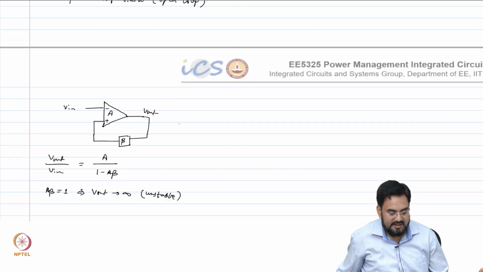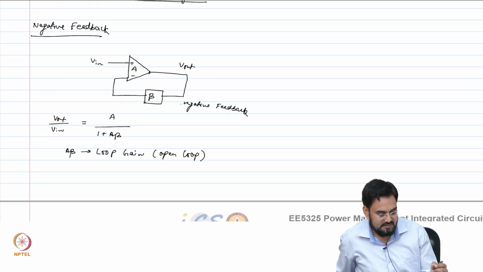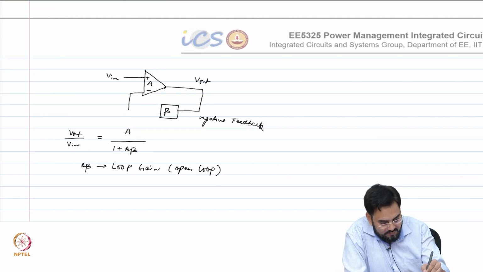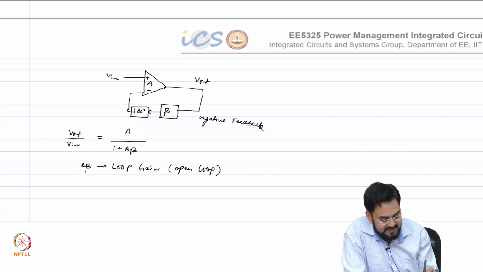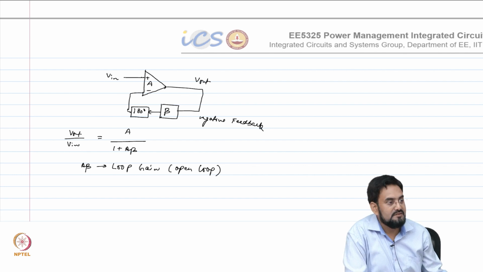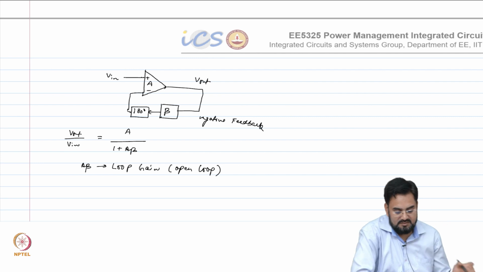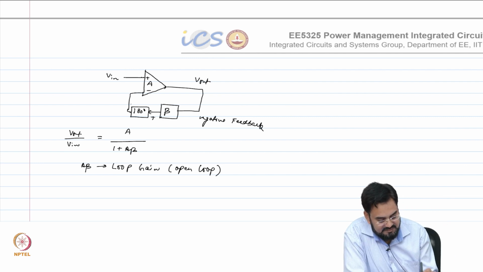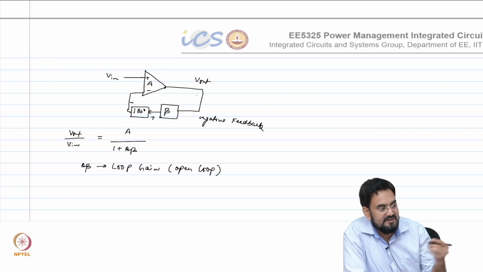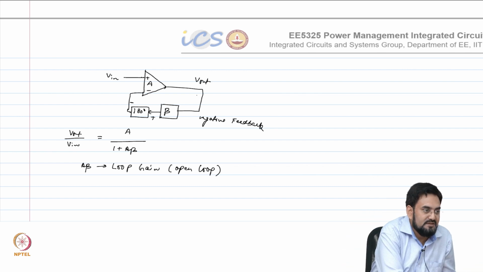So, now take this negative feedback again. (180° phase shift). If this was positive, this will become negative. Now, negative will become positive.